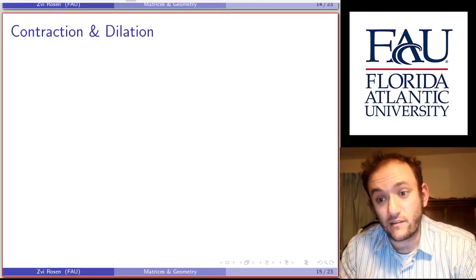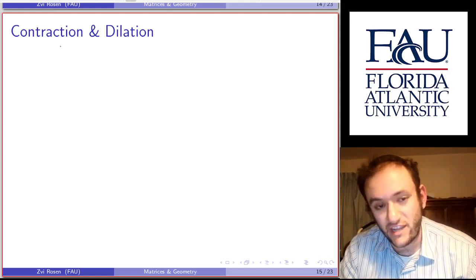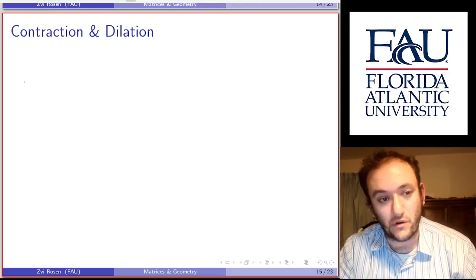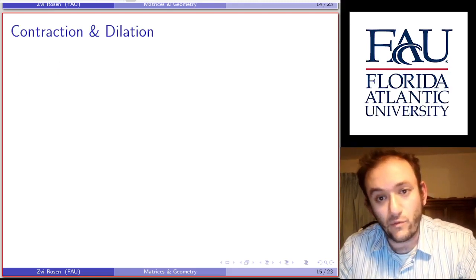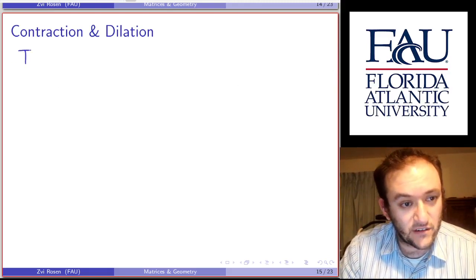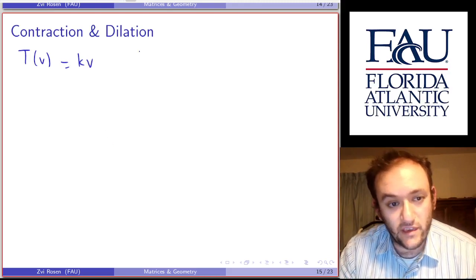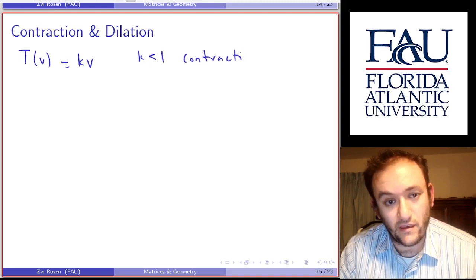The next transformation of R3 that I want to discuss is contraction dilation, and this is really the same story as it is for R2. We have T acting on any vector by multiplying it by k. If k is less than 1, this is called contraction, and if it's greater than 1, it's called dilation.